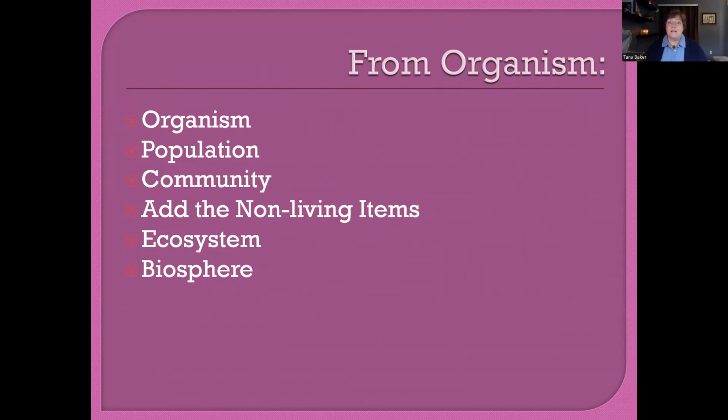And then when we add non-living things to communities, to these living organisms, then we are studying the ecosystem, and then finally the biosphere. I'm not going to spend a lot of time on those because we are not covering those. Really, in Biology 231, 232, and 233, what we're studying are tissues, and then the organs, and then the organ systems. The organism is going to be the culmination of all those organ systems.